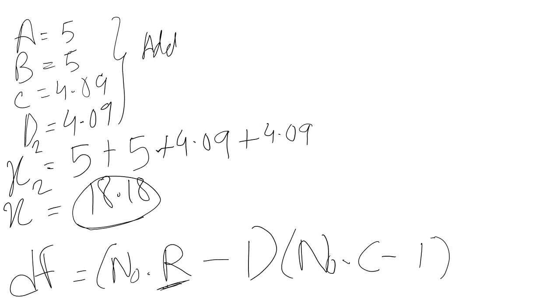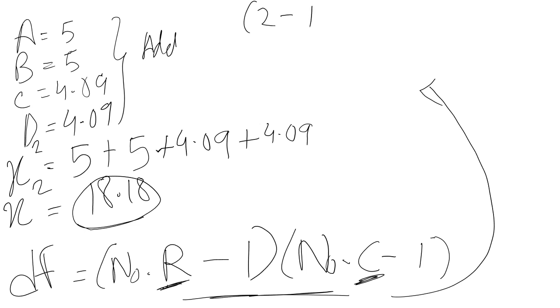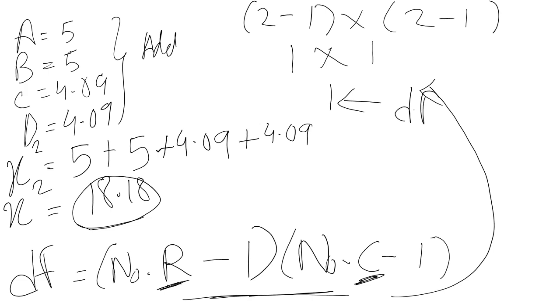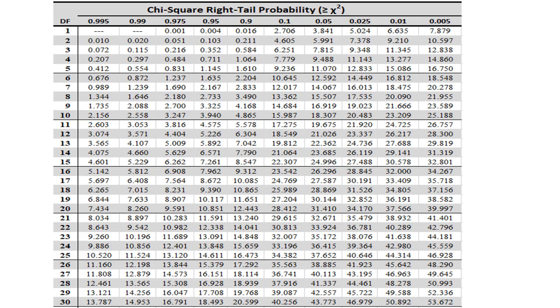Well, rows were male and female, columns were brand A and brand B. That is 2 minus 1, 2 minus 1, 1 into 1, 1. So this is our degrees of freedom.